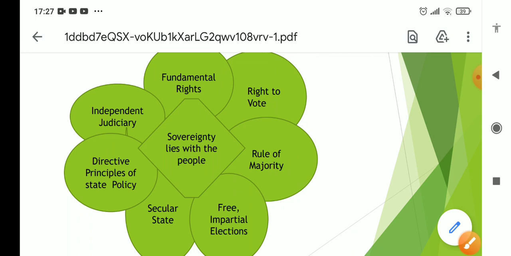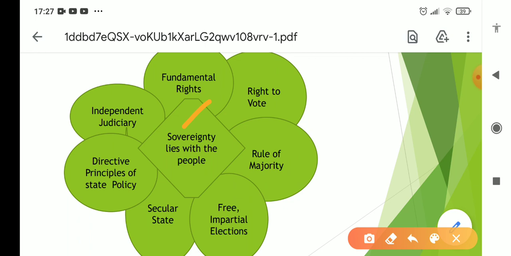The people themselves choose the government, or themselves choose their representatives, and those representatives govern in place of the common people, right? So sovereignty lies with the people.